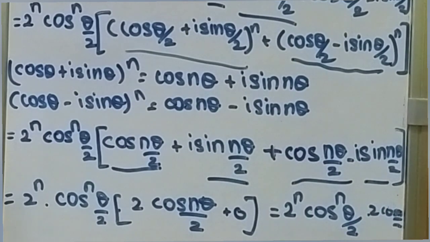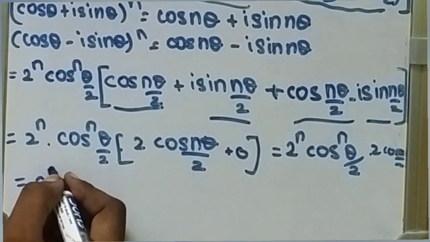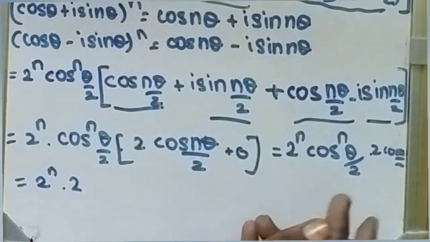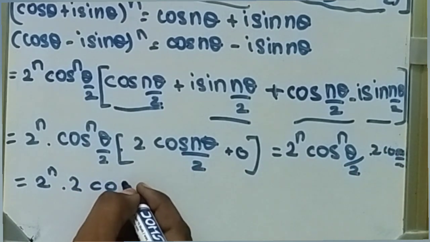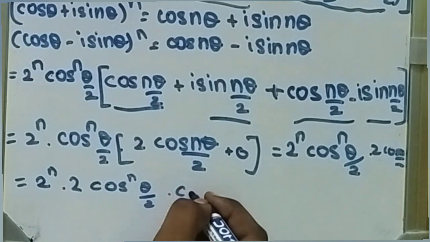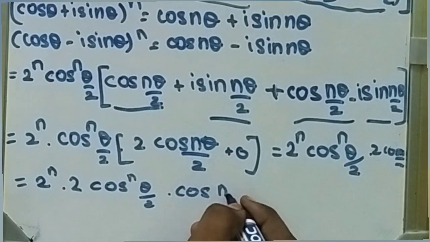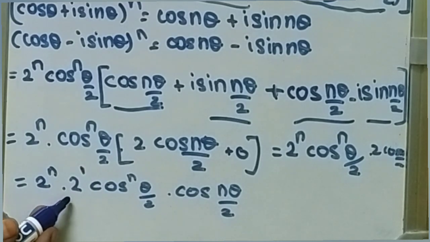Okay, so I am going to rearrange this as 2 power n multiplied by 2. I am just writing this 2 here. So cos power n theta by 2 multiplied by cos n theta by 2. Clear? Clear. We can write 2 as 2 power 1. Here we have two different things, one is 2 power n, another one is 2.